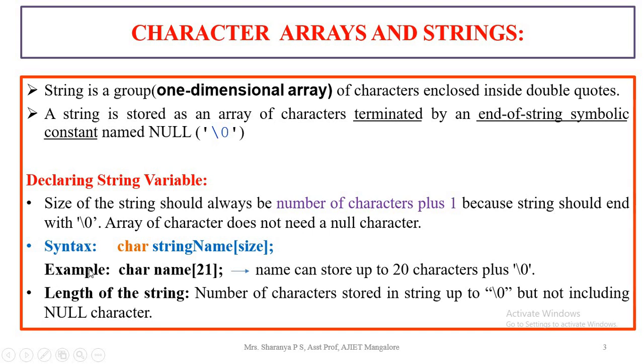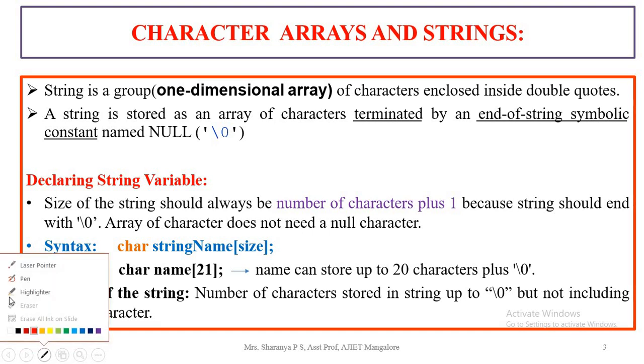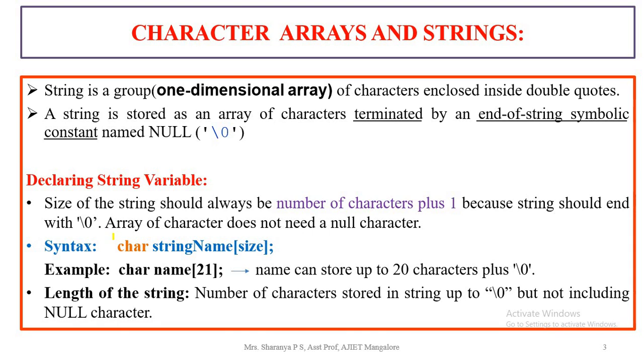Next, let us look at the example of how we specify the declaration of the string. The data type is mentioned, char, then the string variable name, and then we mention the size. Here 21 is mentioned as the size. In the sense, a total of 20 characters can be stored in the name string.